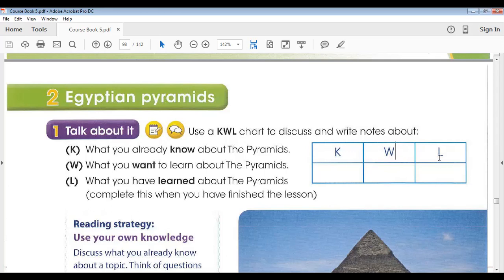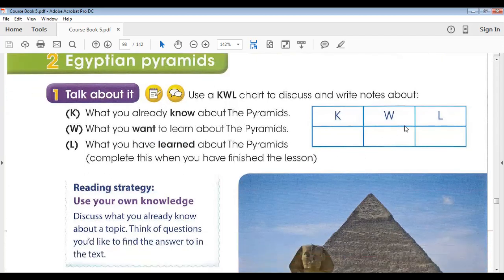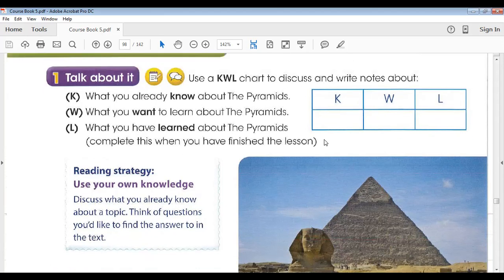I told them that they have to complete column L at the end of the lesson, when they find the answers for column W. Students participated, and you can also fill these first two columns according to your knowledge about the pyramids.